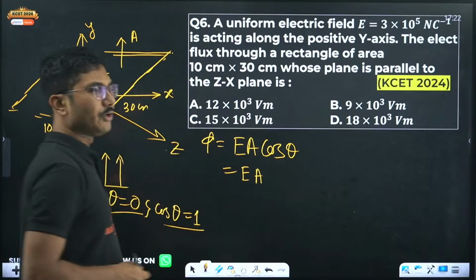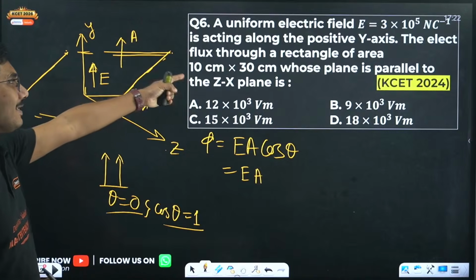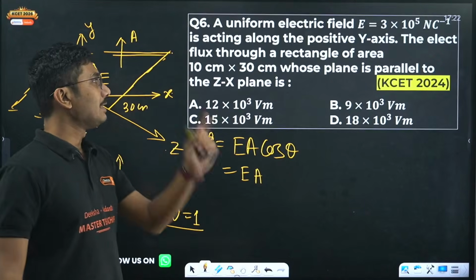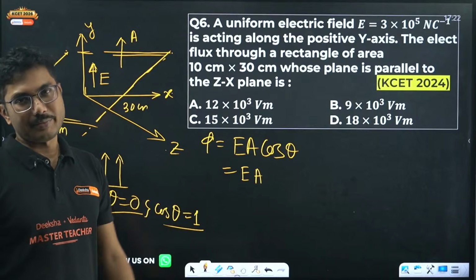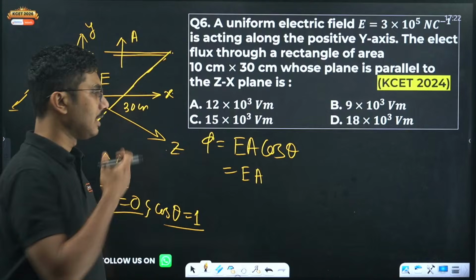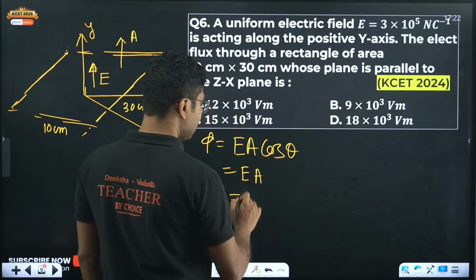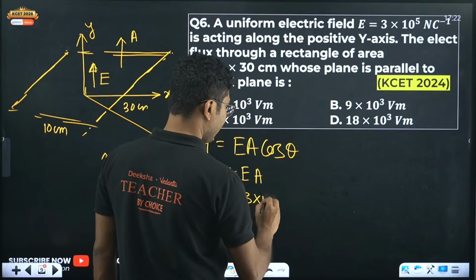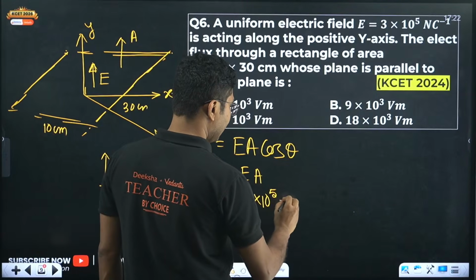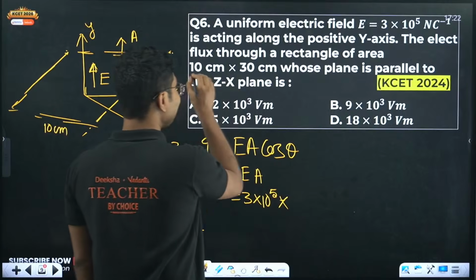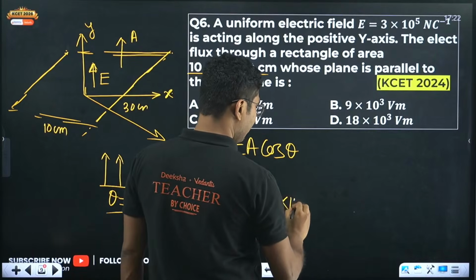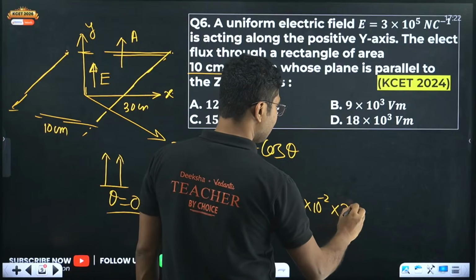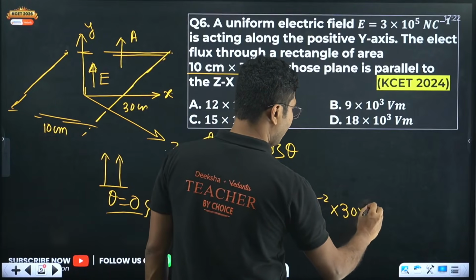Now you have to remember that the area is given in centimeters, so the only mistake students will make is they will not convert centimeter into meter. Otherwise this is a very simple problem. Electric field is 3 into 10 to the power of 5, area is 10 into 10 to the power of minus 2 and 30 into 10 to the power of minus 2.